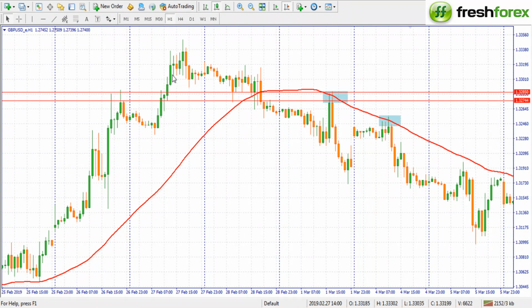Price went above, back to the same support, back to the same support, so break below. So your strategy would go like this: you look for a level, then wait for price to break below that level, and at the same time while price is breaking below that level, price should also be breaking below the indicator. Then if price retraces back to the same level and touches the indicator at the same time, that's the only sell.